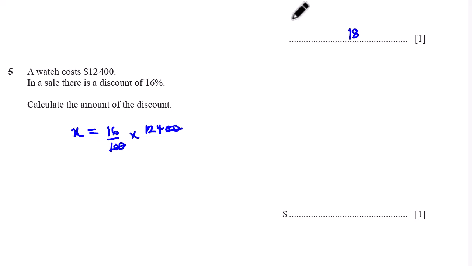And that gives me 1984. So that is 1984. Your work is done. You do not need to put the unit sign because it's already here for you. Moving on to the next question.